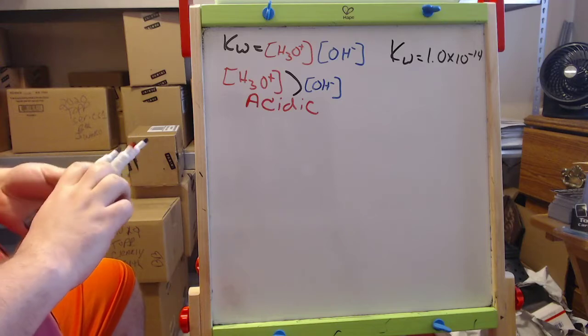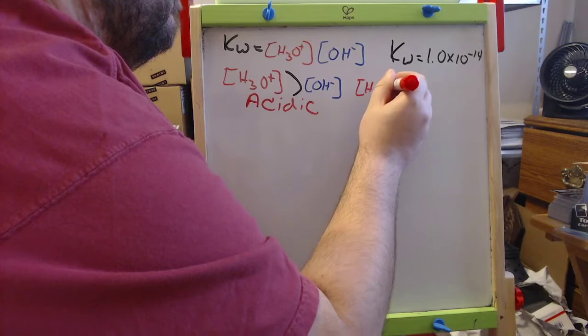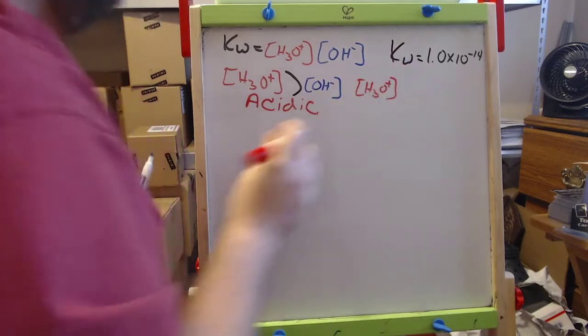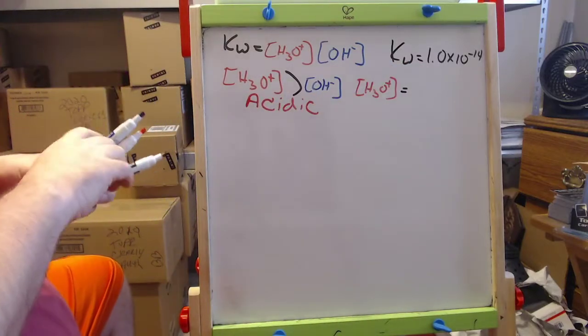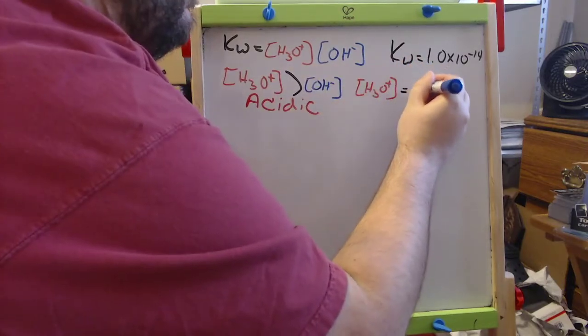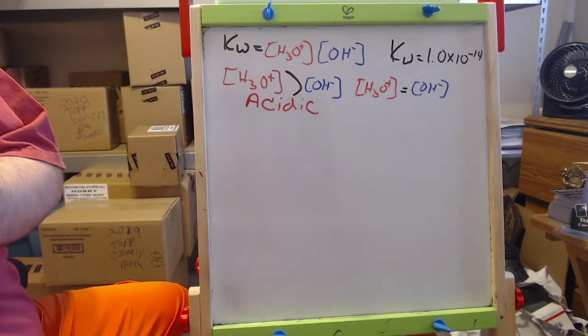If I have H3O plus equal to OH minus, I'm a neutral solution.